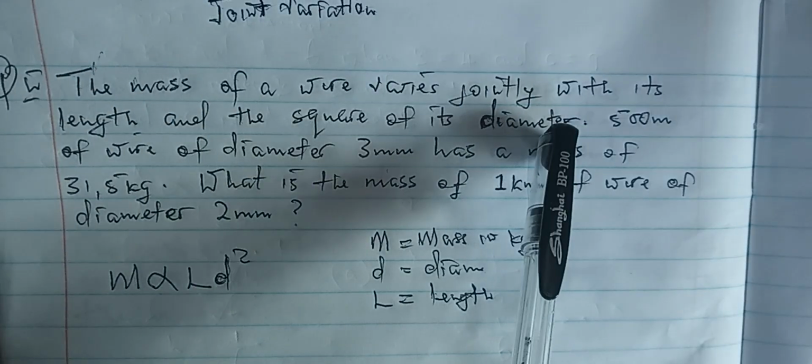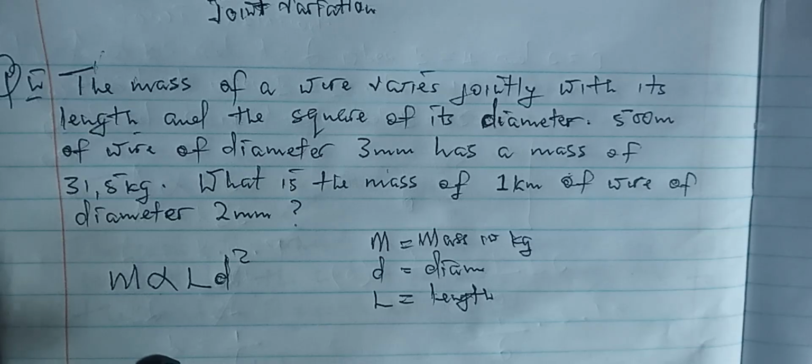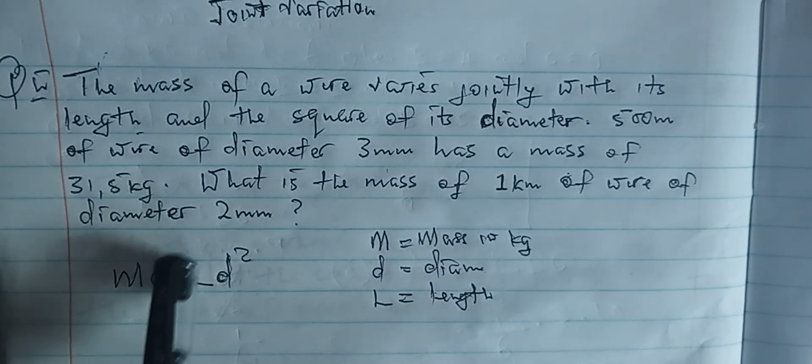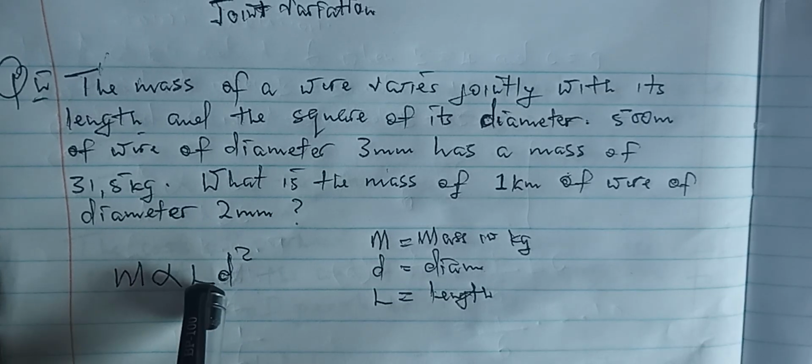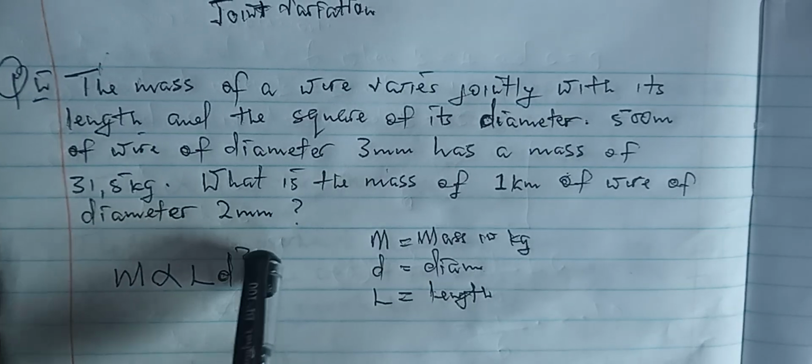From here up until here, we can express it in the form of joint variation. This statement is simply saying the mass of a wire varies jointly with its length and the square of its diameter.